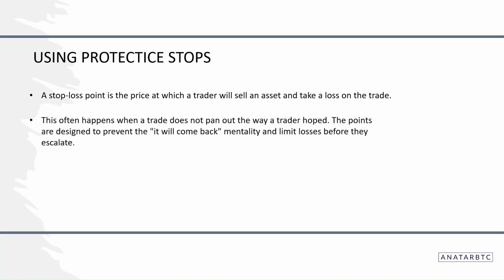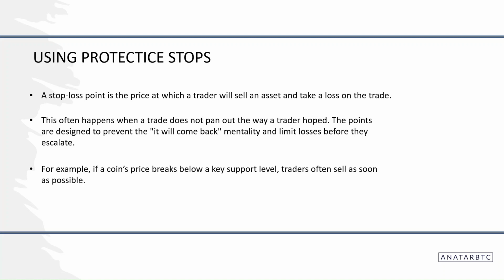This often happens when a trade does not pan out the way a trader hoped. The points are designed to prevent that it will come back mentality and limit losses before they escalate. For example, if a coin's price breaks below a key support level, traders often sell as soon as possible instead of hoping for the price to come back in their favor. I'll explain using the stop losses on the chart.